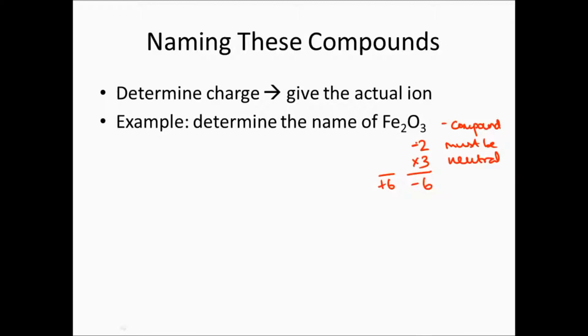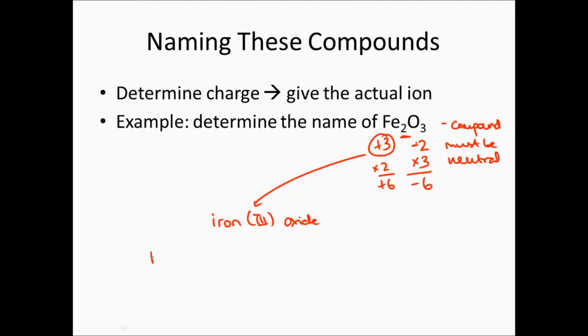As a result, I have +6 charge and I spread it out over 2 atoms, so it's +3. So I must have a +3 charge here. Therefore, I have an iron(III) oxide, because this is +3.